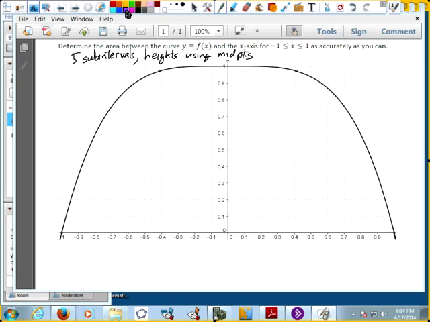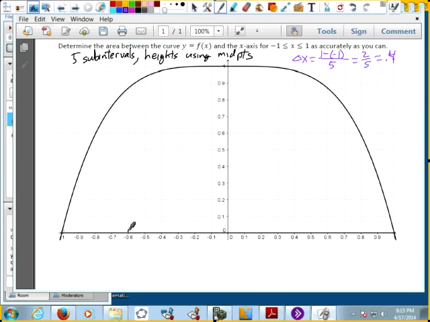So the first thing I have to do is figure out where the subintervals are. How much? 0.4, right? I take 1 minus -1 over 5, that's my delta x, the difference in the left and right hand endpoint divided by the number of pieces I want. So that's 2 over 5, which is 0.4.